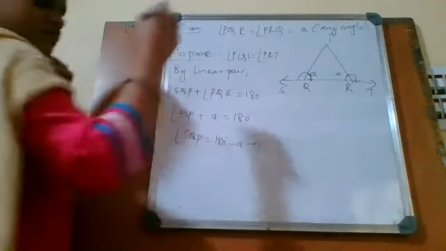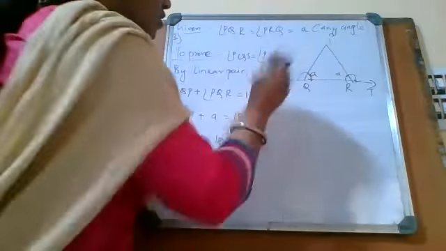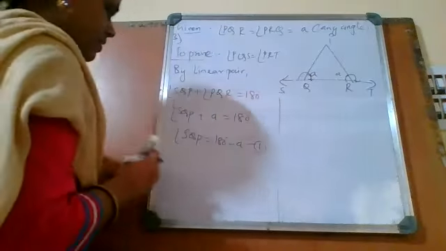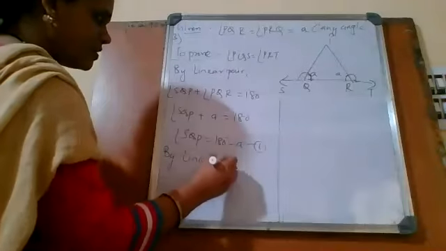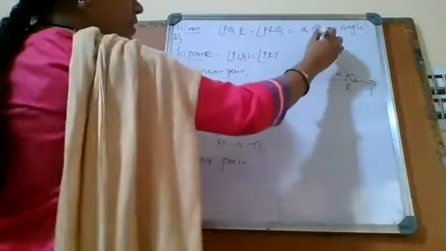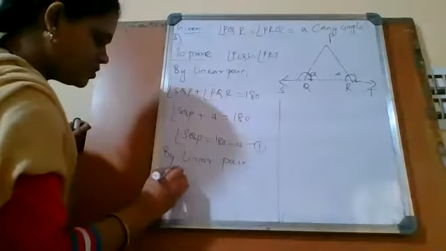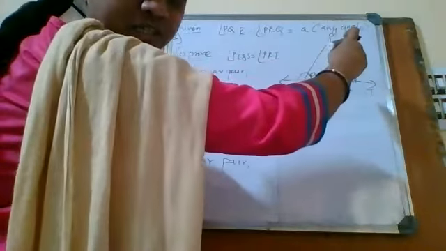This is equation 1. Now, similarly, this side is again a linear pair. Go for one more linear pair. Bilinear pair. What is this? QRP. Dear students, you should learn how to write the angle, also very important here.